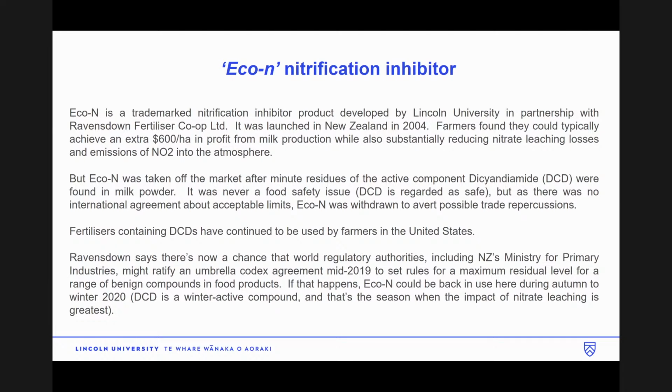And because there are no specifications within trade agreements at the moment, it's not able to be applied. There's a little bit of talk about trying to work that through on the policy side. So it does work, but those residuals are not acceptable at the moment within our trade standards. And that's just because they're not mentioned, really.